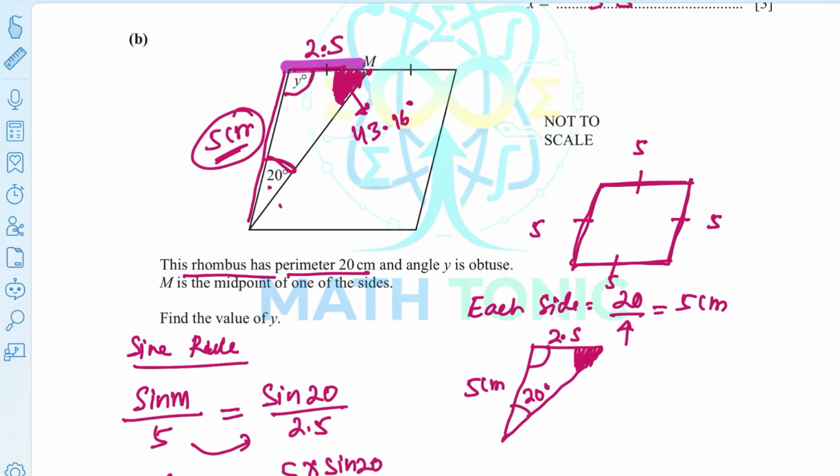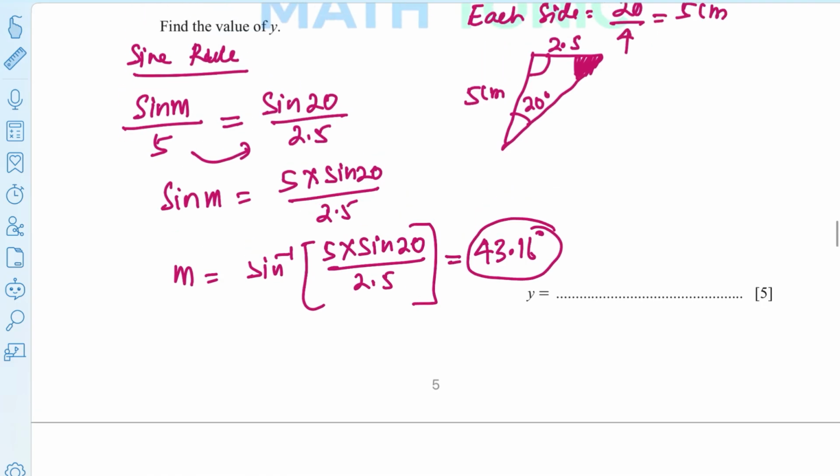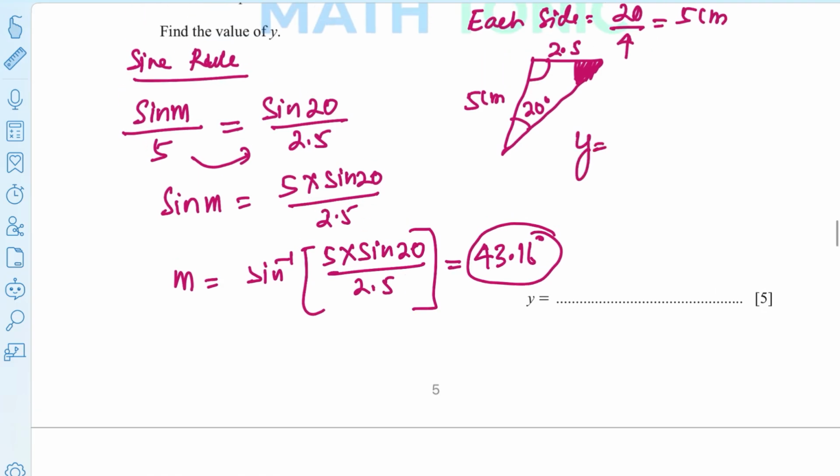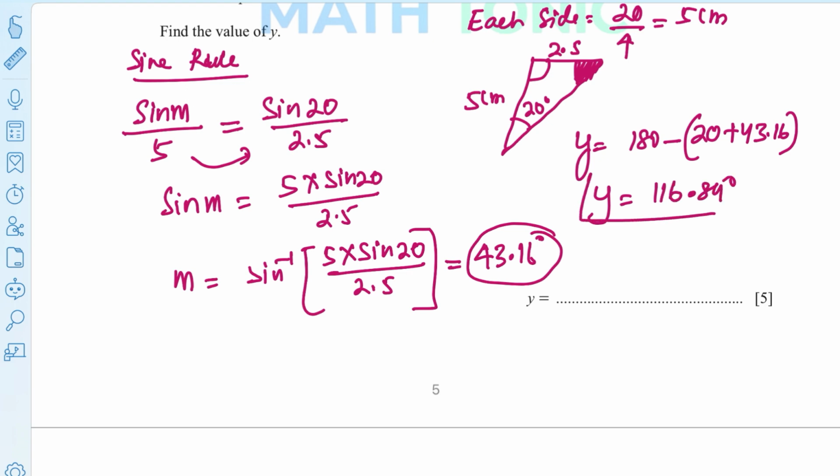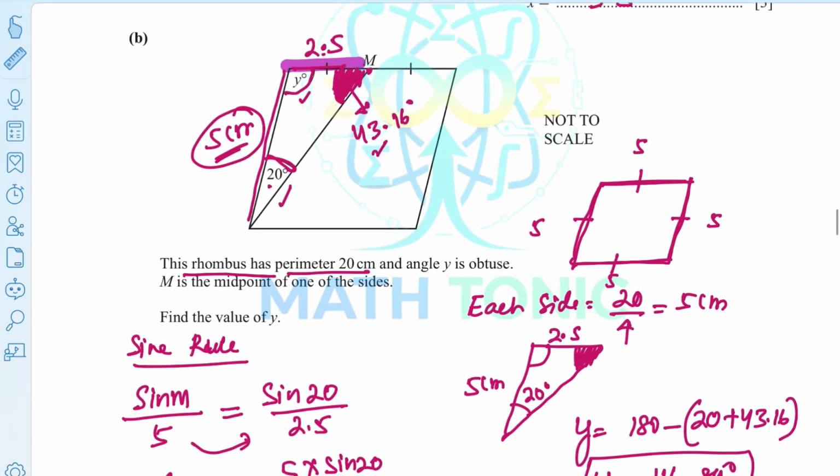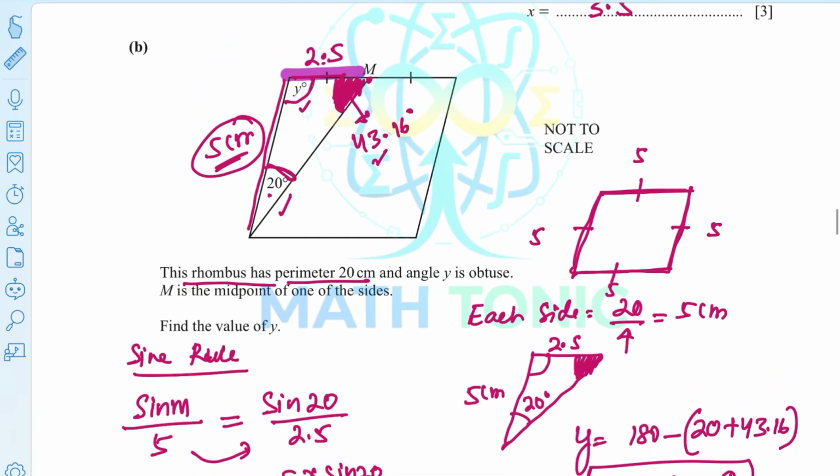So how to find the third angle? Easy. 180 minus 20 plus 43.16, and y equals 116.84 degree. That is the answer for this question. Please check. Clear everyone? So the answer should be 116.84 degree.